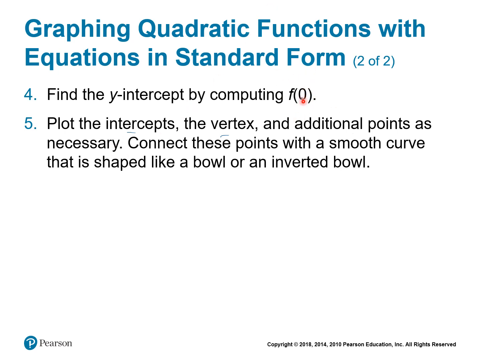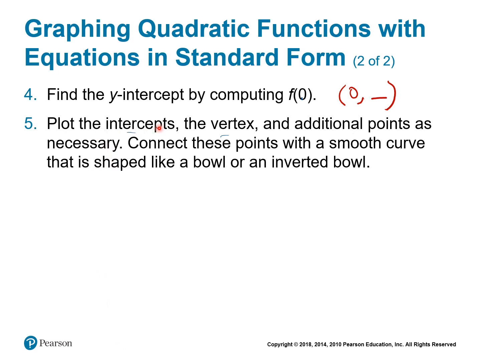So essentially you are evaluating the function by plugging in 0 for x, and whatever value you get after plugging in 0 is going to be your y value. So the y-intercept is going to be written as 0, comma, whatever value you get after evaluating the function with x equal to 0. And finally, it says in the last step, you're ready to draw the graph.